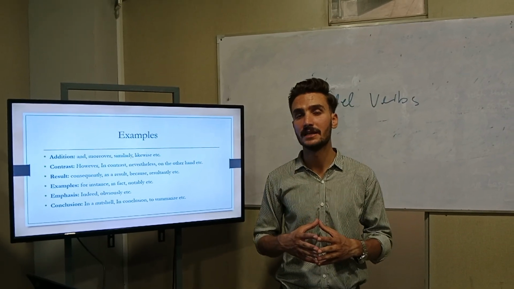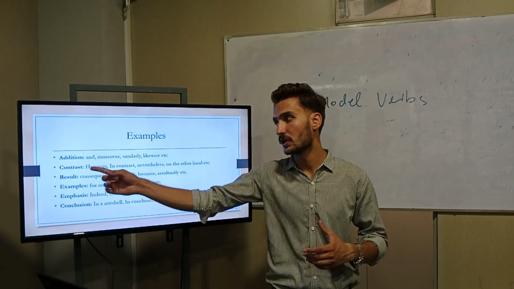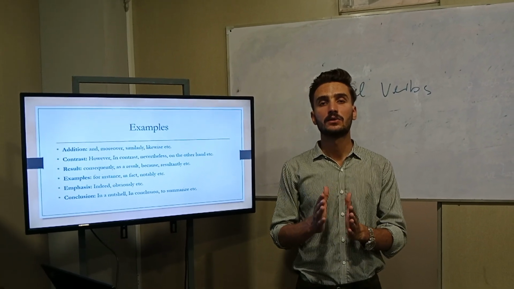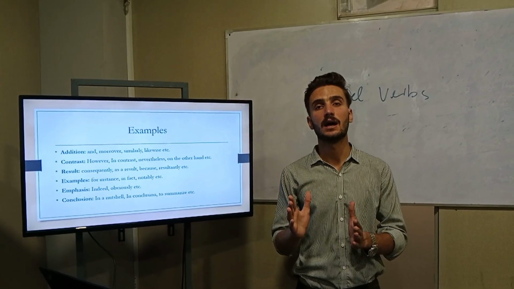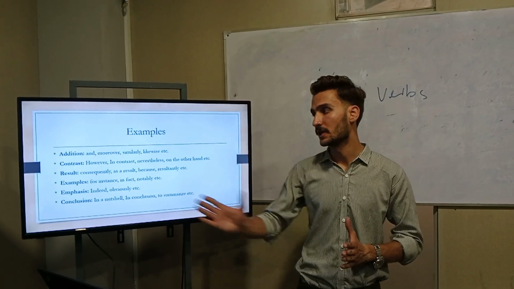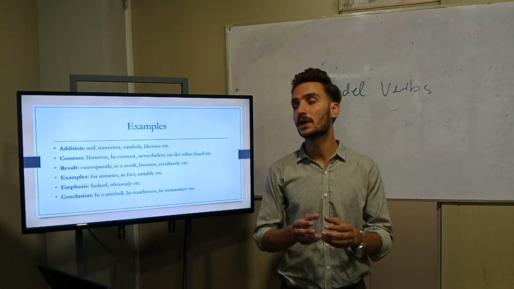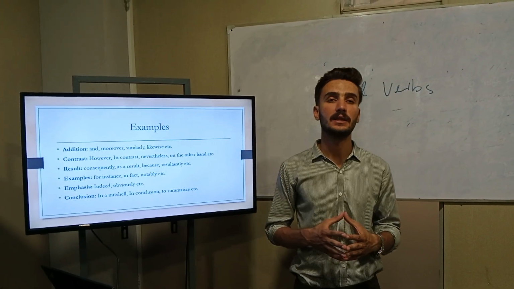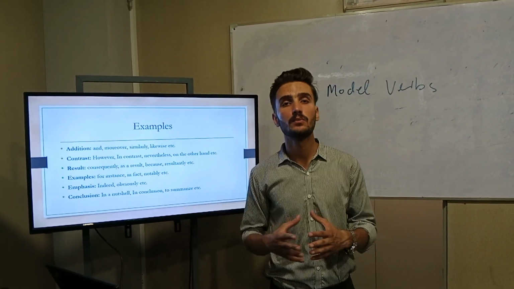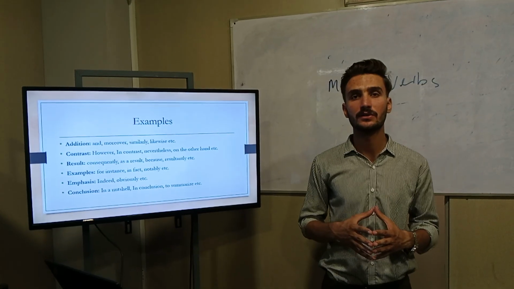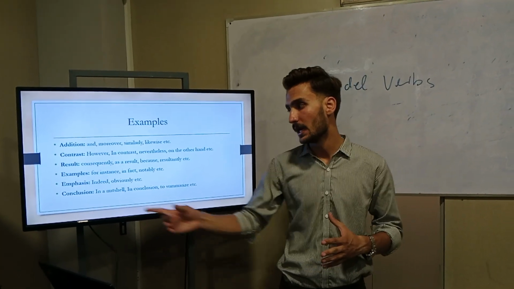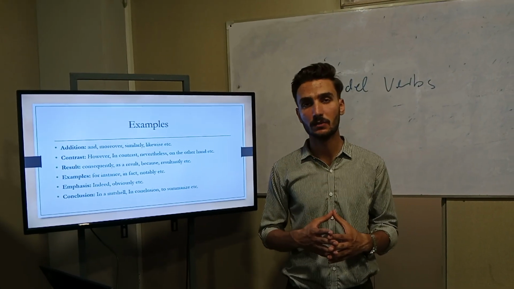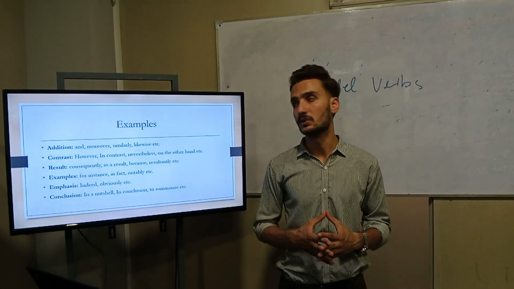Contrast can be used to produce a contrary idea or paradoxical idea to the already existing idea. Result is used to show the consequence. Examples can be used to illustrate anything further. Emphasis can be used to emphasize a particular point, to intensify a particular concept. And conclusion, as the word is itself explanatory, can be used to express conclusions.